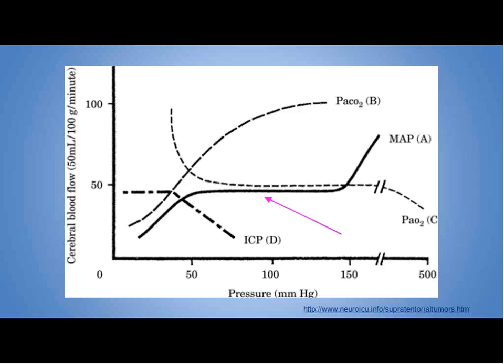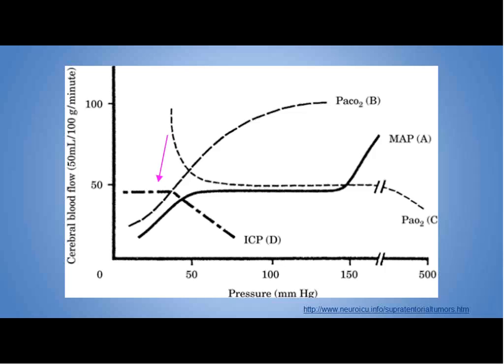So here you can see the mean arterial pressure. There's a plateau between mean arterial pressure of 50 to about 150. Essentially, those are the normal range. And that's where we have relatively preserved cerebral blood flow. Then, looking at your intracranial pressure between 0 to about 40, you have preserved cerebral blood flow.